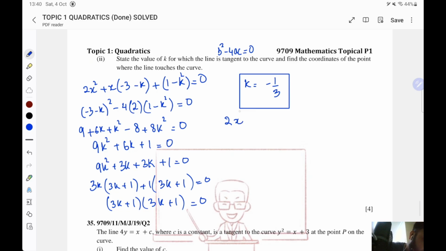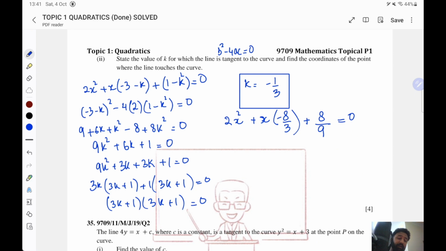So it will be 2x² + x(−3 + 1/3), which is −8/3, minus 8/3 plus 1 minus 8/9, and it is equal to 0.